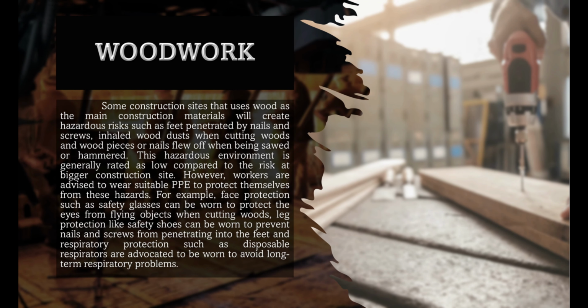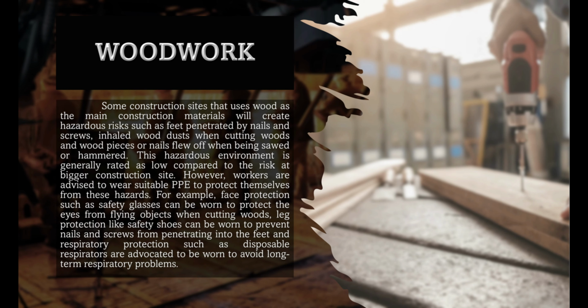Woodwork. Some construction sites that use wood as the main construction materials will create hazardous risk, such as feet getting penetrated by nails and screws, inhaling wood dust when cutting woods, and wood pieces or nails flying off when being sawed or hammered. This hazardous environment is generally rated as low compared to the risk at bigger construction sites.